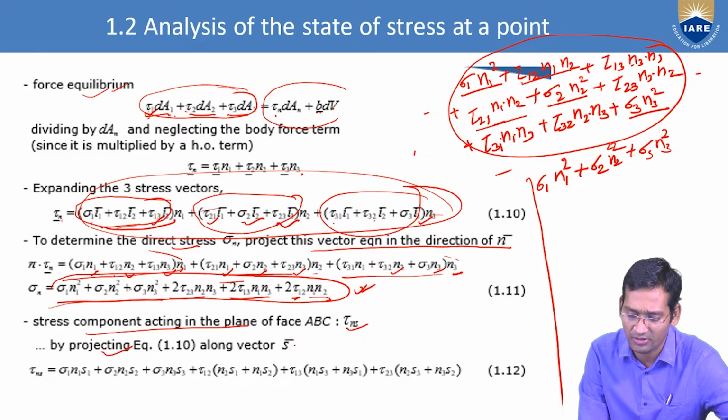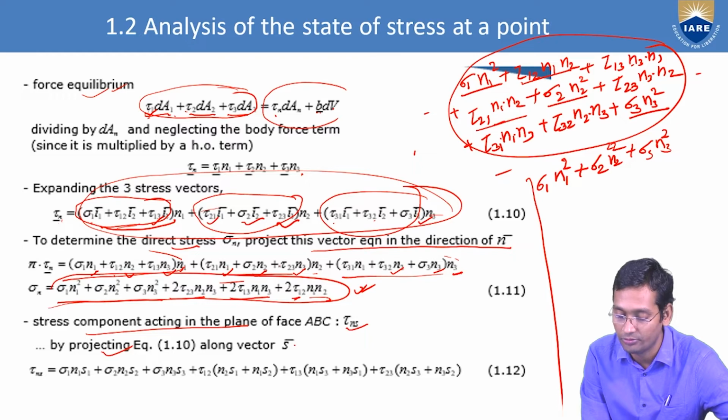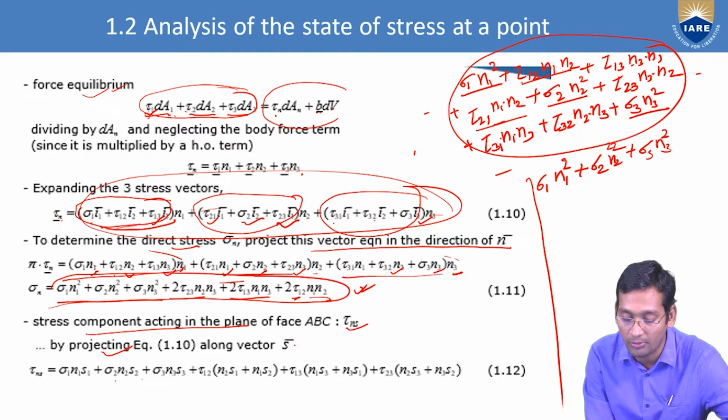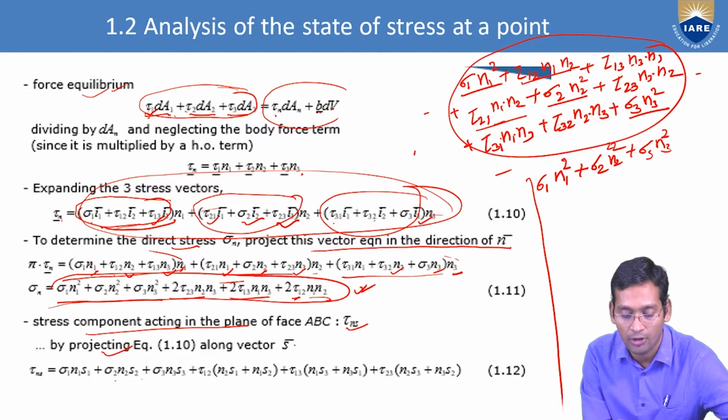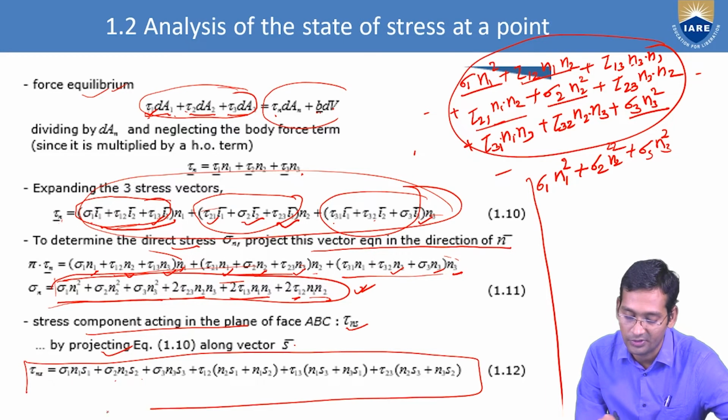So similarly, whatever the n1 will be there, this remains the same, only n1 will be multiplied, this will be s1, s2, s3. Similarly, s1, s2, s3. So now sigma 1, n1, s1, sigma 2, n2, s2. So like this only. Here you just have to change I1 projected to n1. So I becomes n1. Now we are projecting to s. So now this n1 becomes s1, and again the same way you have to expand, and you will get this.